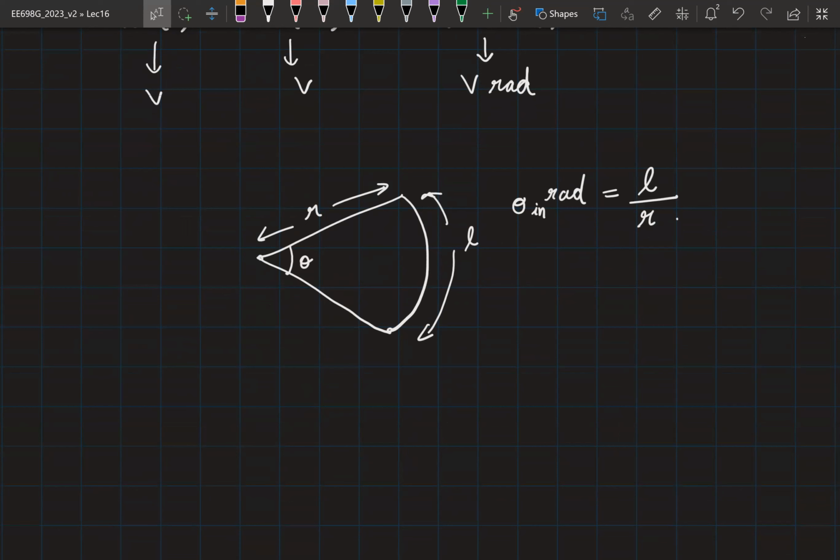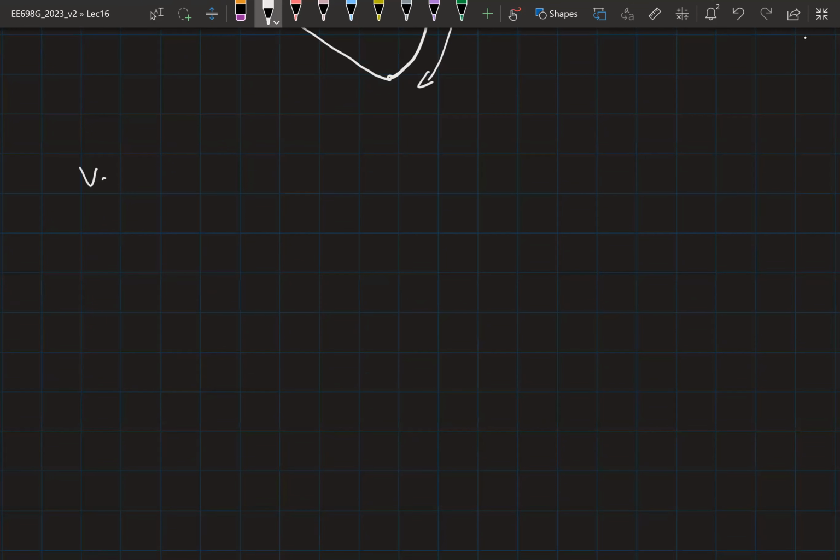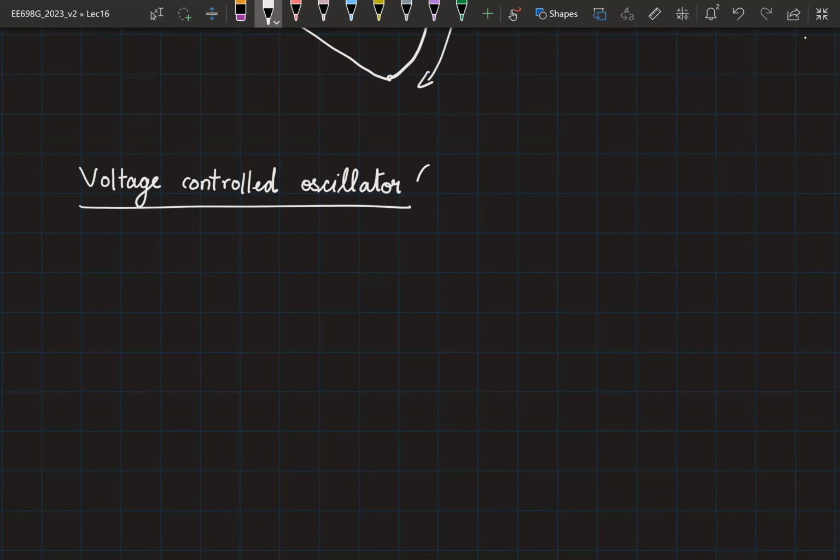Okay, so now I want to introduce you to another circuit called a voltage controlled oscillator. So we will do some phase noise related calculation based on this particular circuit. In short, this is VCO. So you are aware of a voltage controlled delay line, right?